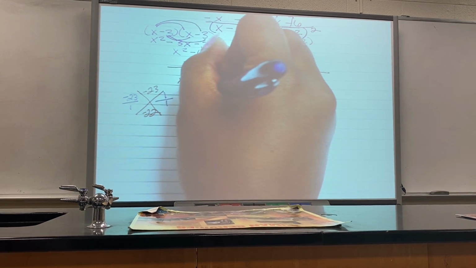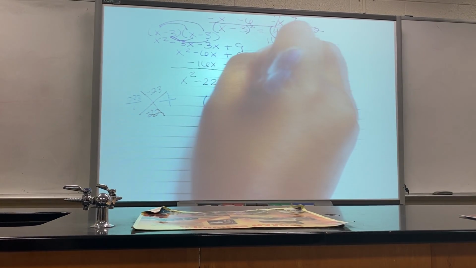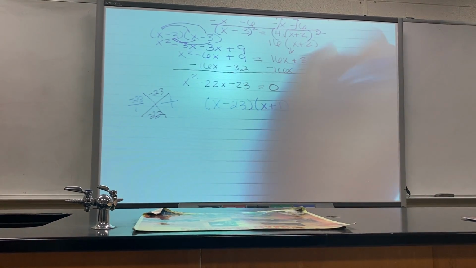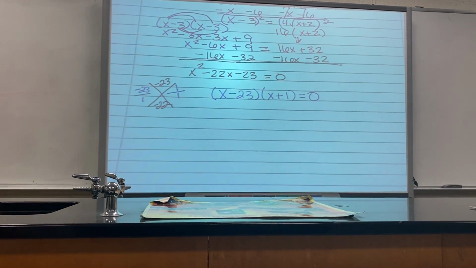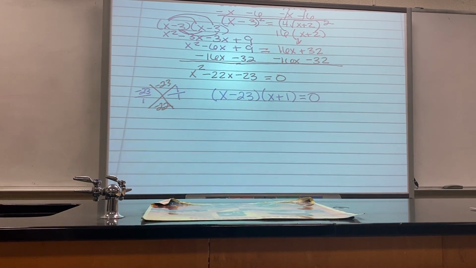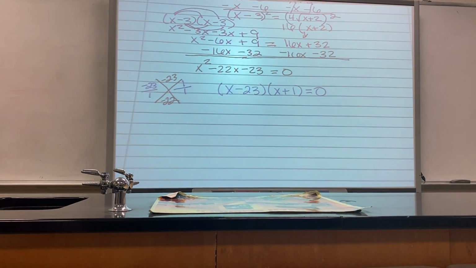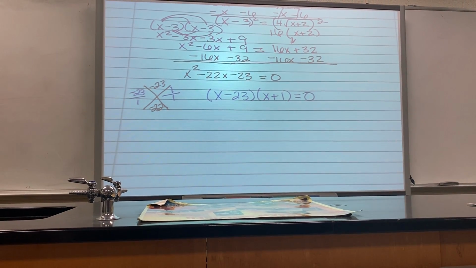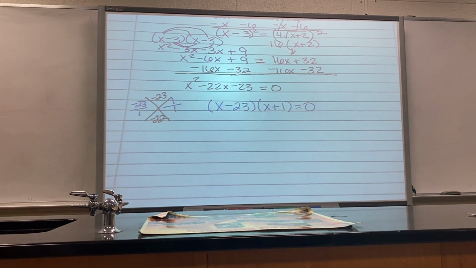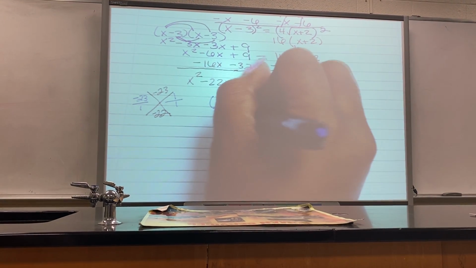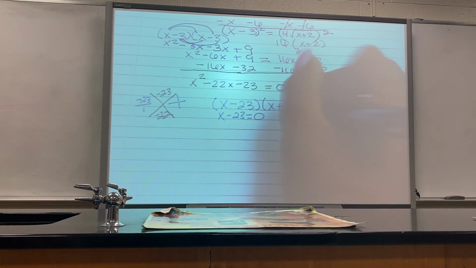Divided by my a term, I get x minus 23 and x plus 1. So now using zero product property to separate them, I have x minus 23 is equal to 0.